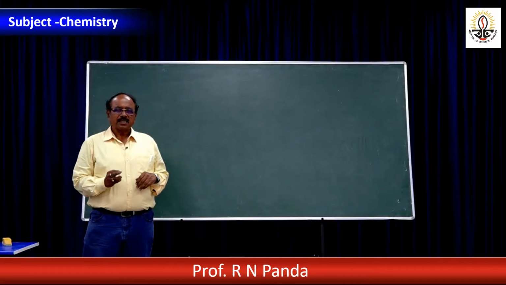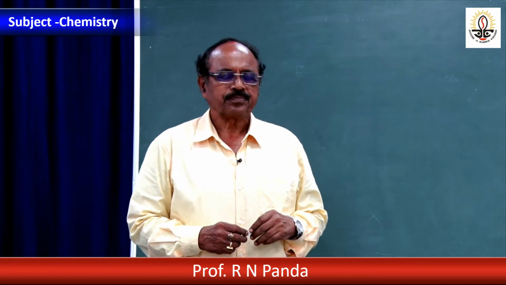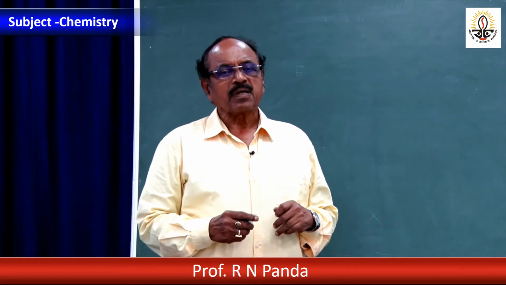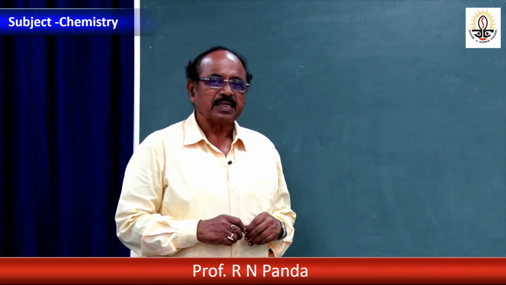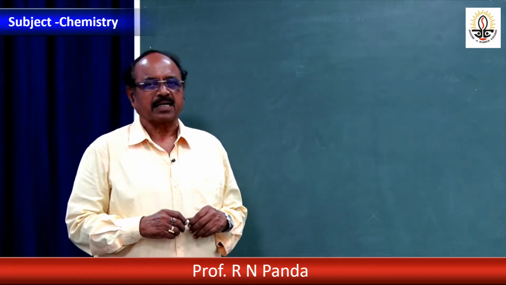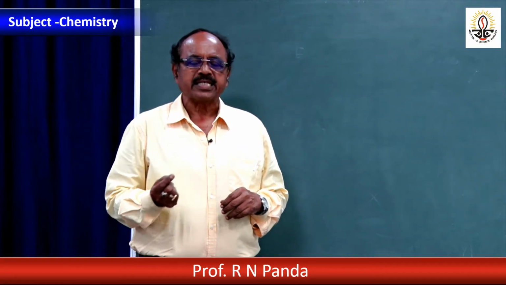Acids are the compounds which contain replaceable hydrogen atoms. The replaceable hydrogen atom is the hydrogen atom present in the molecule of the acid which can be replaced by a metal atom. For example, hydrochloric acid, HCl.